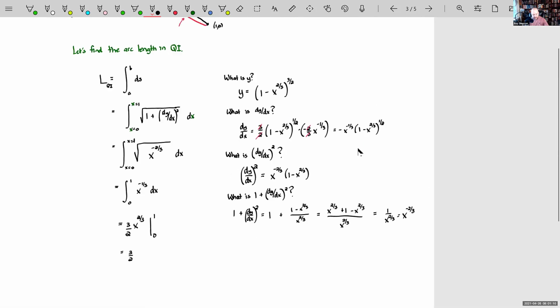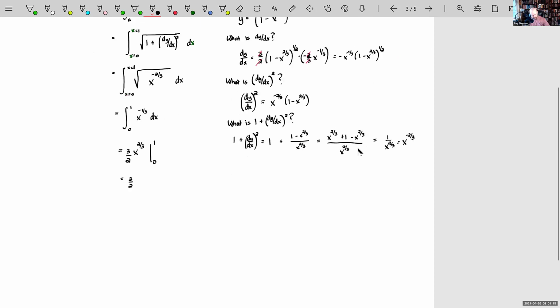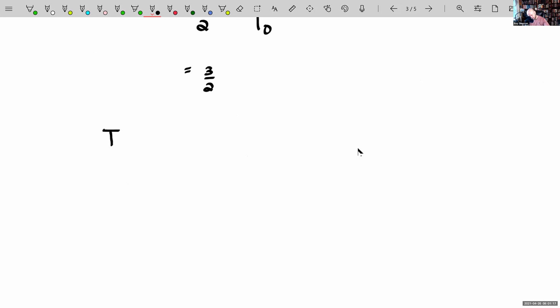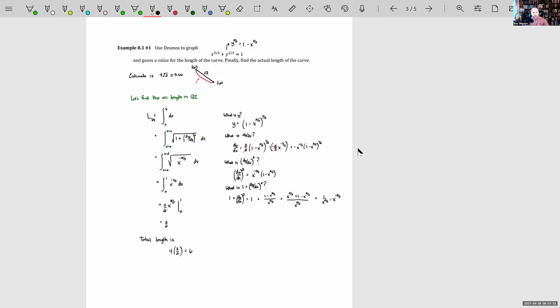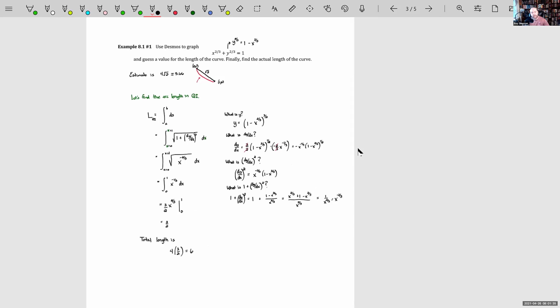And now we're going to multiply that arc length that we found in quadrant 1 by 4. Now remember what our approximation was, 5.66, and I said that's going to be a little bit small because the shortest distance between 2 points is a line, and we don't have lines, we have curves, so our curve distance should be longer, and I said probably around 6, and it's exactly 6.